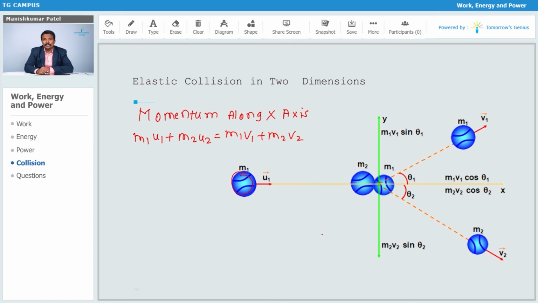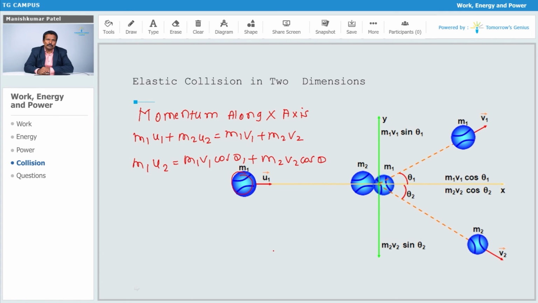If I assume that initially m2 is at rest, then along the x-axis we have m1 u1. After collision, with the directions shown here, this is m1 v1 cos theta 1, and similarly m2 v2 cos theta 2.